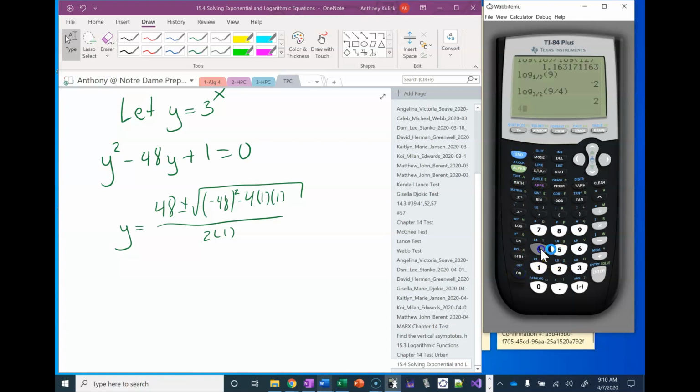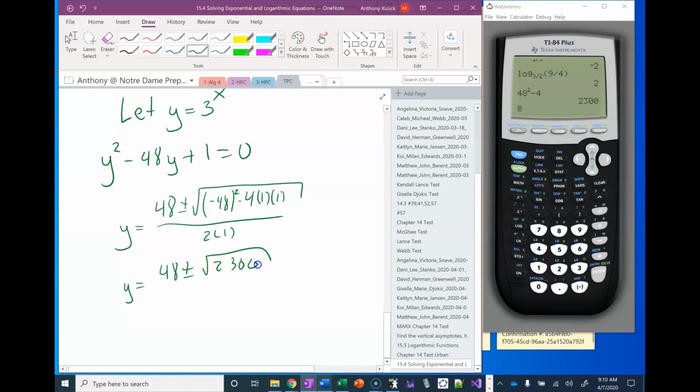So 48 squared minus 4 is 2300. And we can probably do a bit better than 2300. So that looks like it's divisible by 4. Sure is. 375 is divisible by 5.